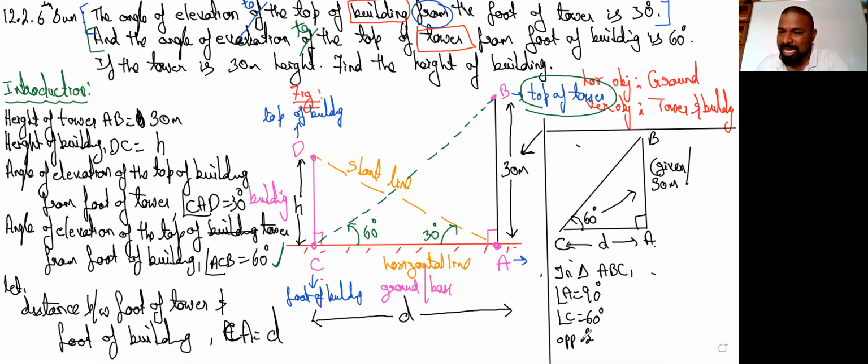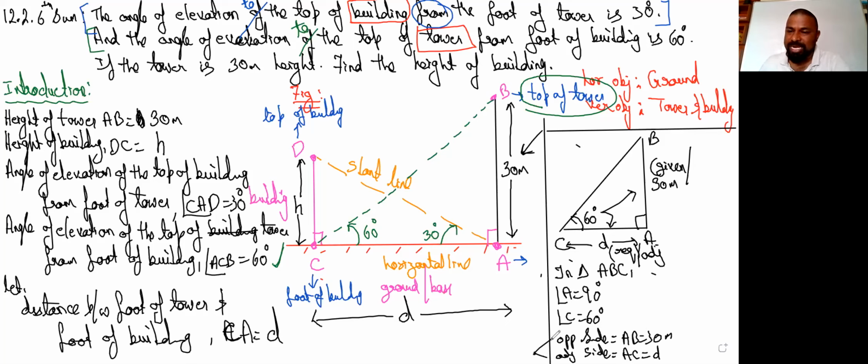Opposite side is nothing but AB, which is 30 meters. Now, which is the required side? ACB. Is it adjacent or hypotenuse? Adjacent. Adjacent side is the required one, which is AC, and it is D.